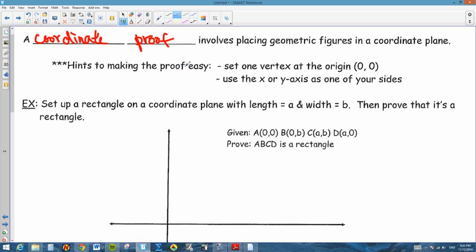To make the proof easy, set one vertex at the origin. So you use the origin 0, 0 as one of the vertices. Use the x or y axis as one of your sides.